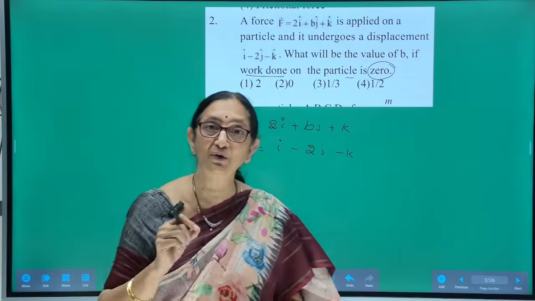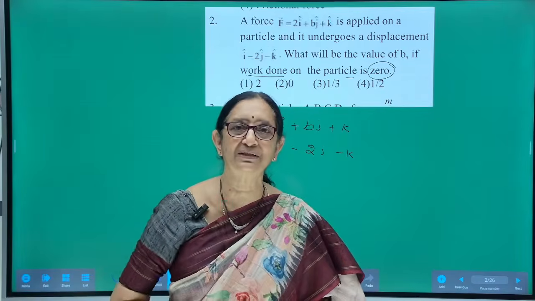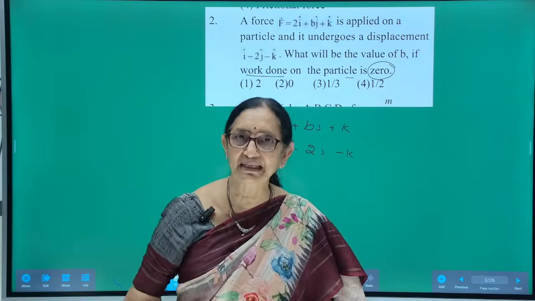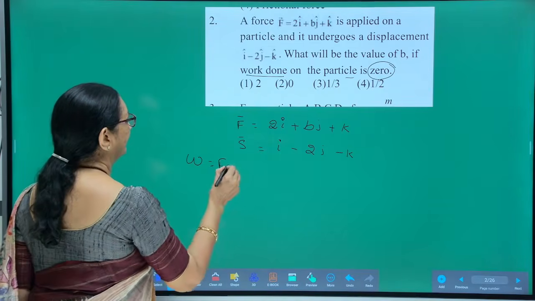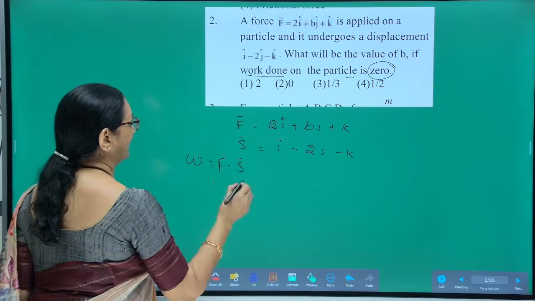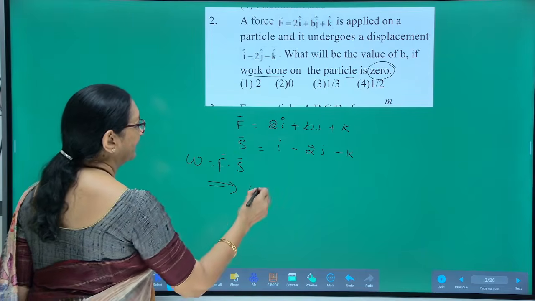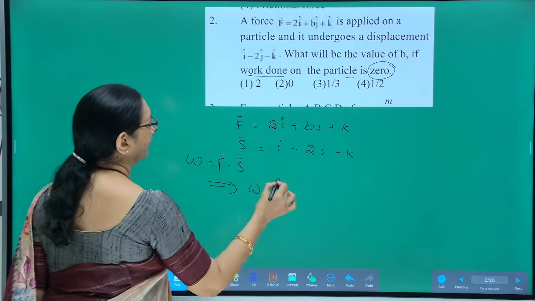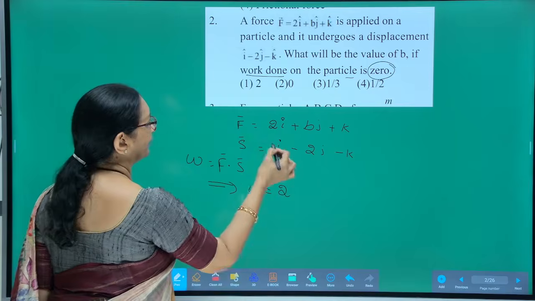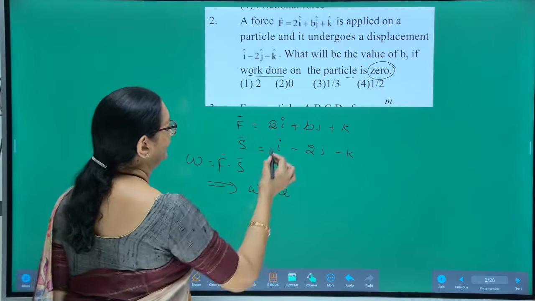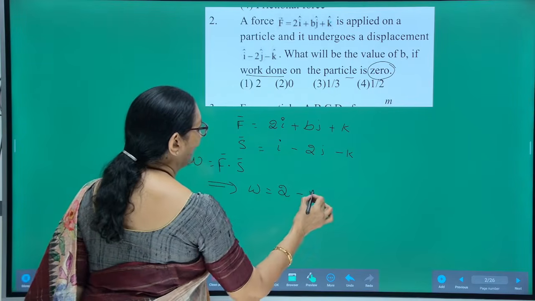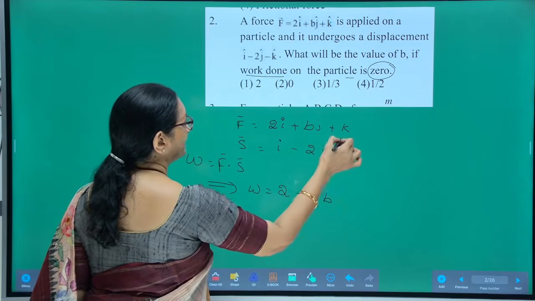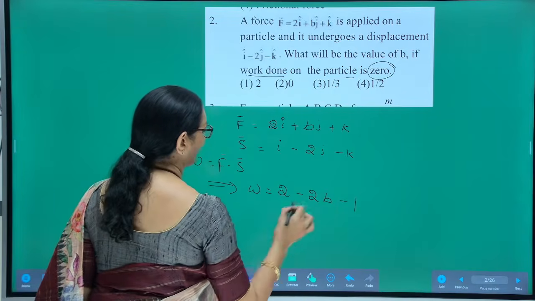So, how do we get work from force and displacement? From the definition, work is the scalar product of force and displacement. Here work done is equal to 2 into 1, 2. We are taking the dot product of these two vectors, plus b into minus 2, minus 2b, plus 1 into minus 1, minus 1.